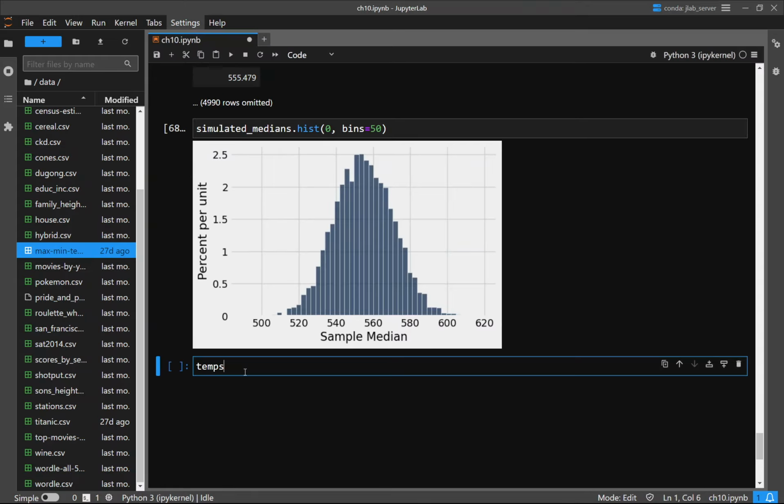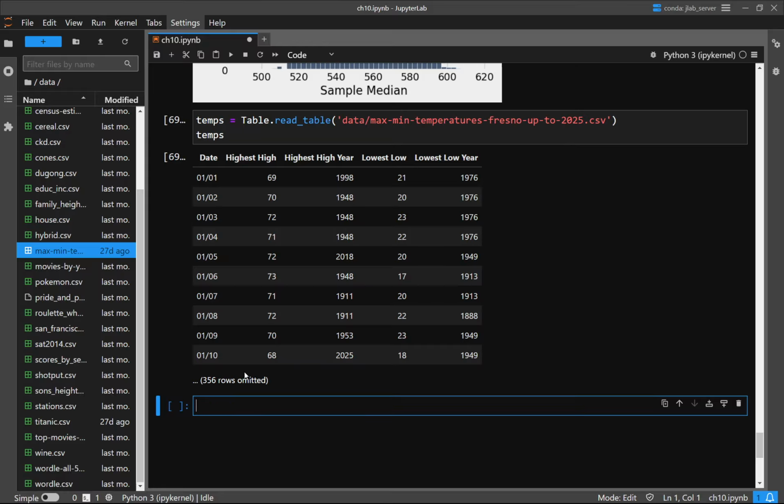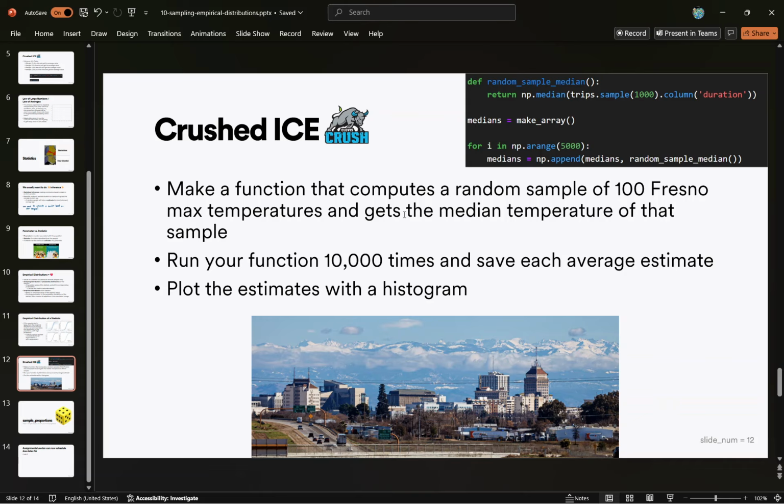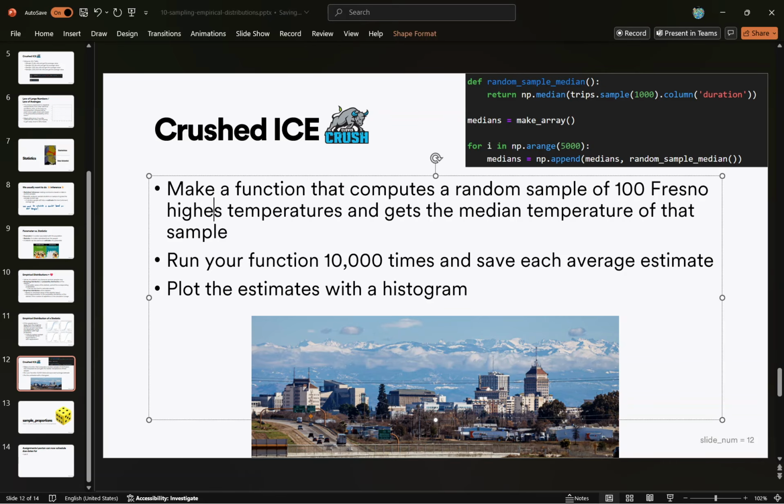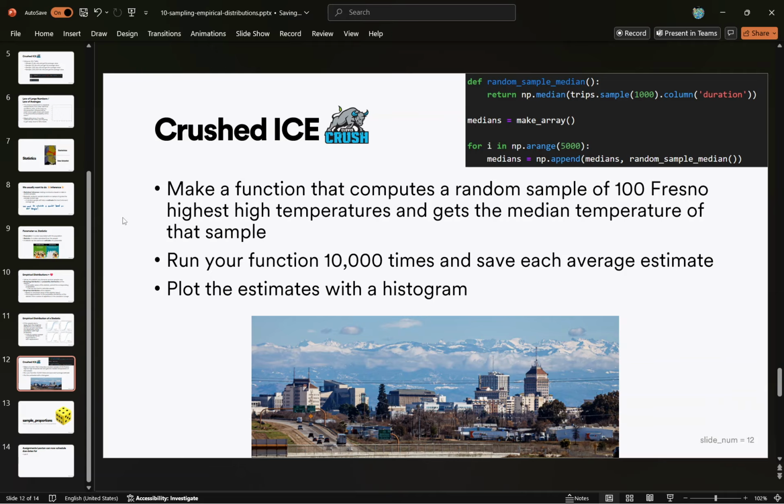I'll call that temps equals table.read_table, the max min data. Temps. So there they are. Let's do highest highs. All right, let's do max temperatures, so highest high temperatures. Let's call it that. And let's say you get the median temperature in that sample. All right, so very similar to what I did, but it's just 100 this time.